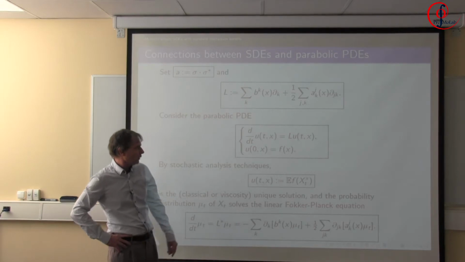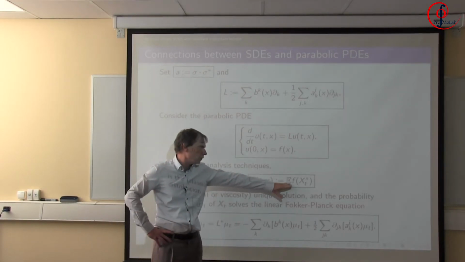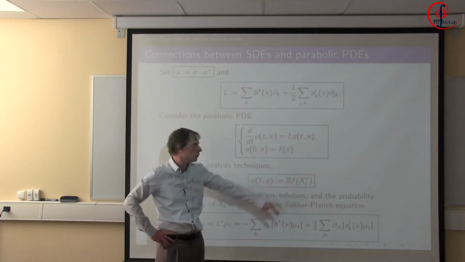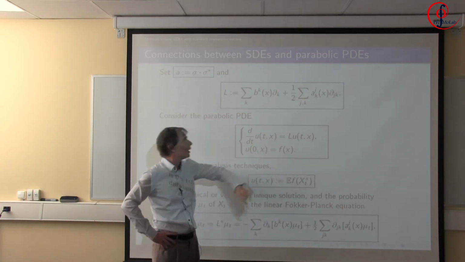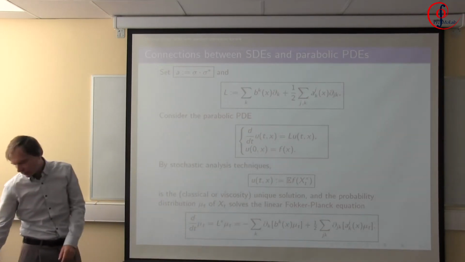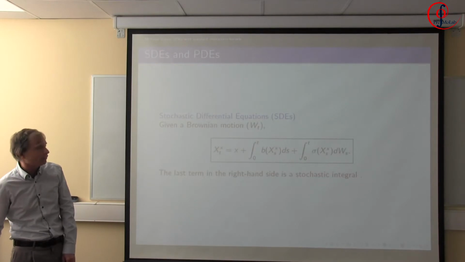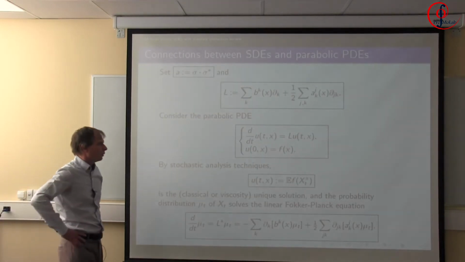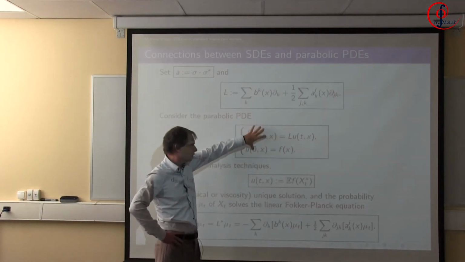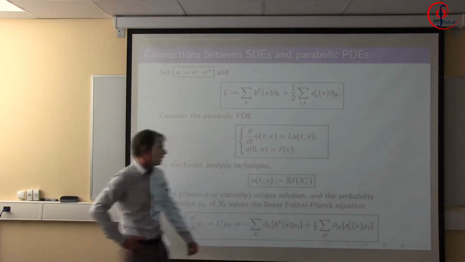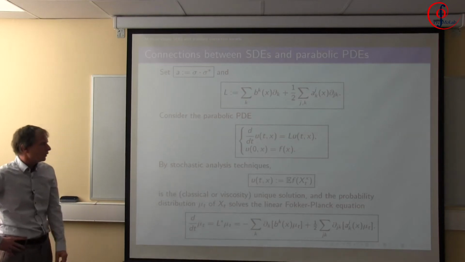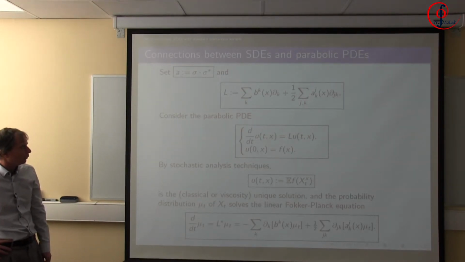And this unique solution is in fact given by this formula, the expectation of the test function f applied to the process capital X, this guy. Okay? So u_t of x, the solution of this PDE, is equal to the expectation of f of X_t starting from x at time 0.